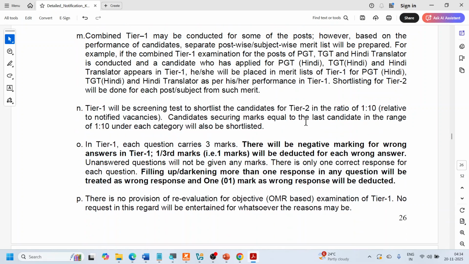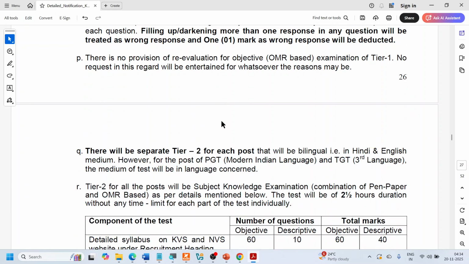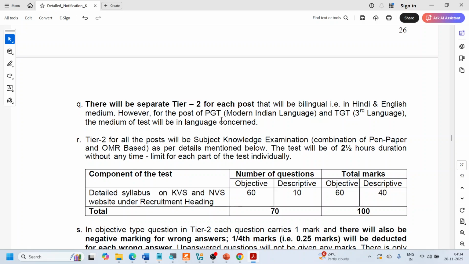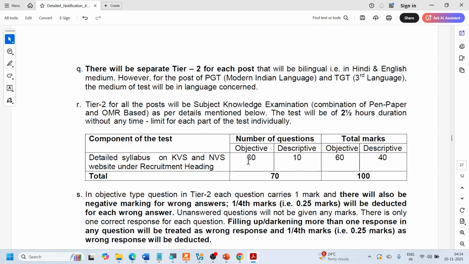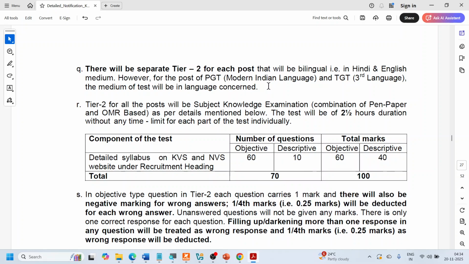What is important over here is, whenever you are writing the examination, there will be a negative marking for wrong questions. Okay, so 1/3 mark will be deducted for each wrong question. This is an MCQ question. In the second tier, tier 2, there will be descriptive questions, 60 objective and 10 descriptive, 70 marks weightage will be there for this one.